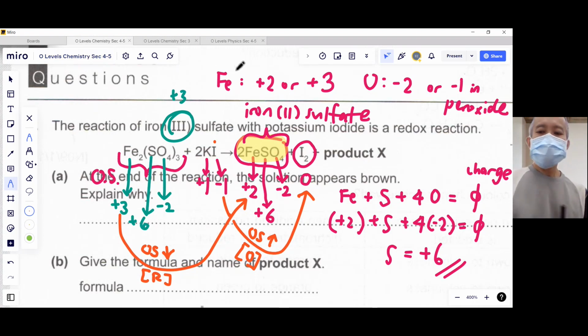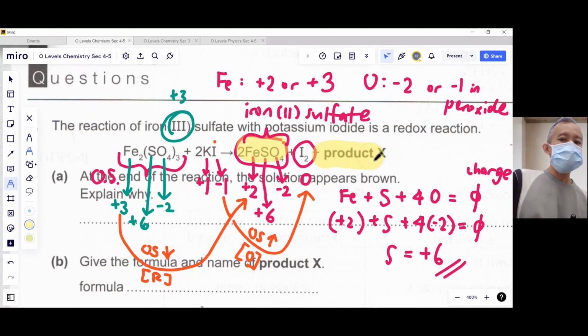Okay, guys, can you try to work out these 2 pages? And in case you didn't notice, there's an absent or missing product. What is that missing product? You should be able to figure it out.